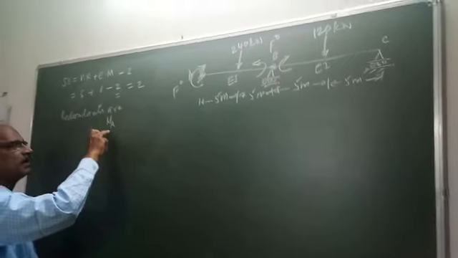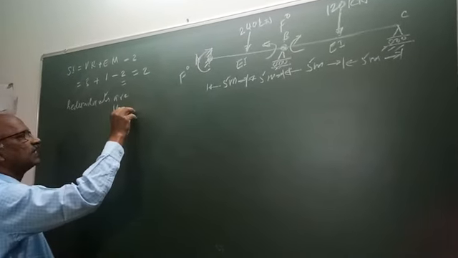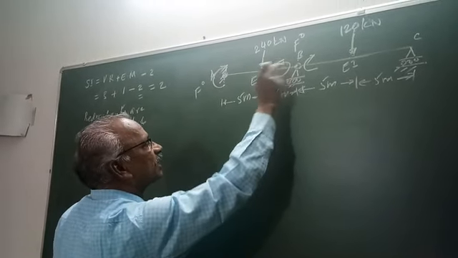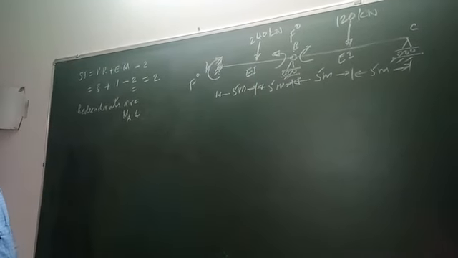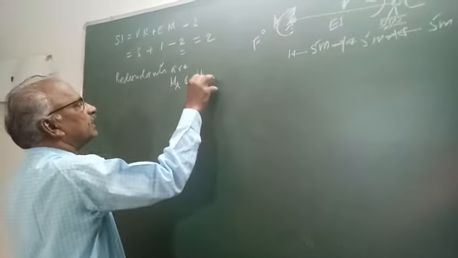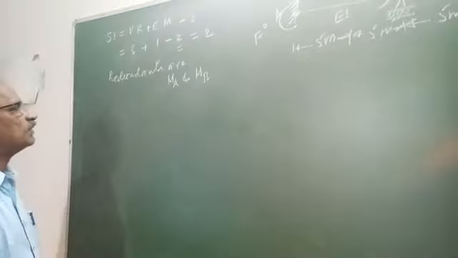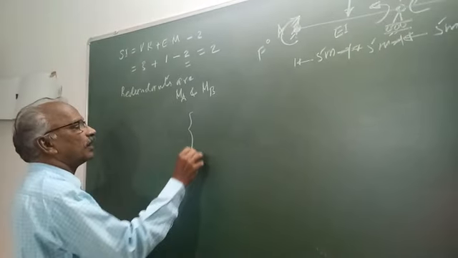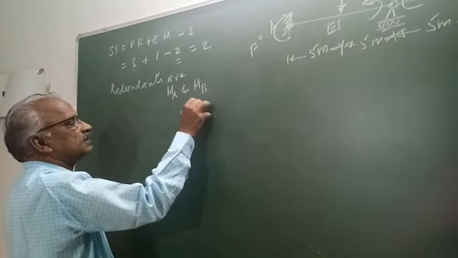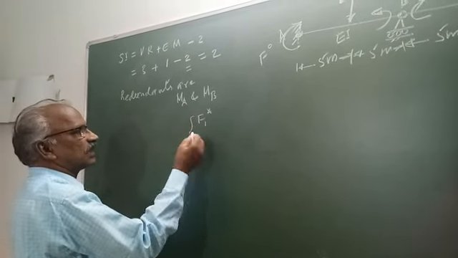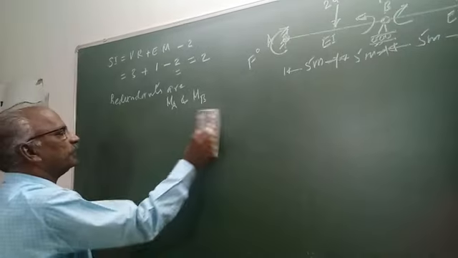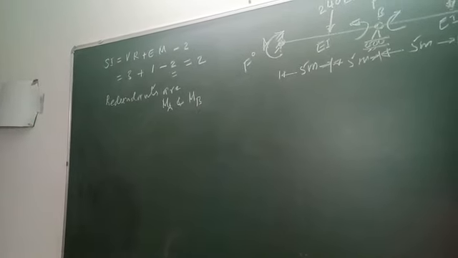So that is MA, that is one redundant force, and here MB is also removed by means of introducing a hinge in the structure. So MA and MB are the redundants. So in the force vector, this will be some F1 star, F2 star, like that. That we will discuss a little later. So MA and MB are the redundants.